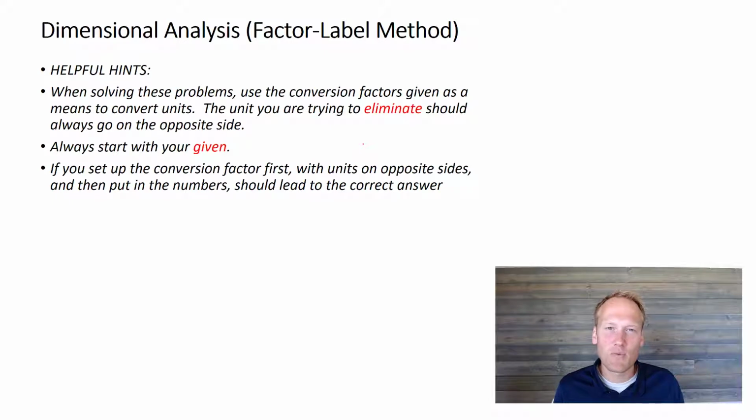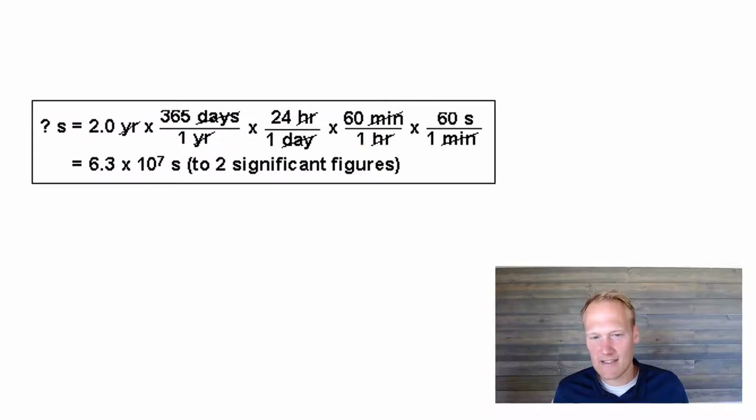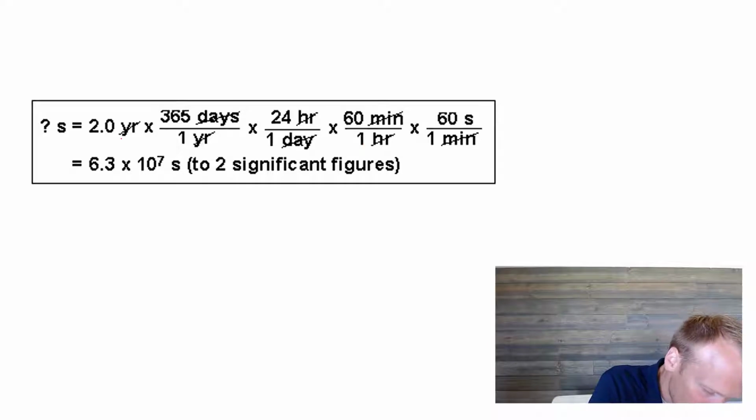Here are some helpful hints with dimensional analysis before we get started. Step 1, state the given. Step 2, whatever unit you're trying to eliminate or convert from should go on the opposite side of the dividing line. What does that look like? Let's suppose I said how many seconds are in 2 years. You have years that you're starting with.